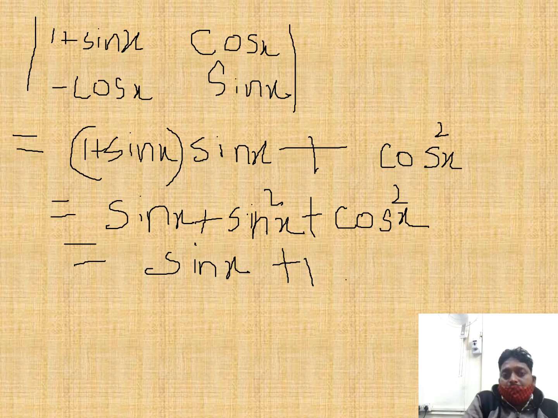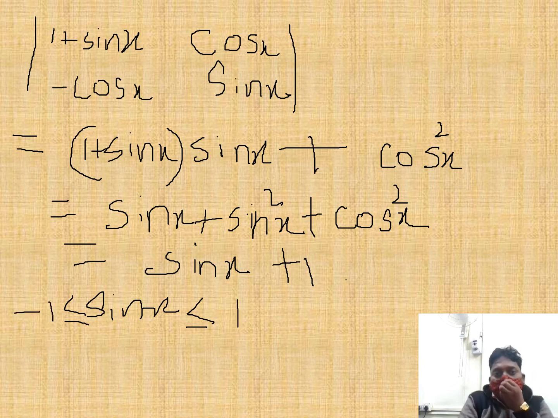And you know the range of sin x, all of you know. Sin x always lies between minus 1 and plus 1. So the maximum value of sin x is 1 and the minimum value of sin x is minus 1. This is the range of sin x.